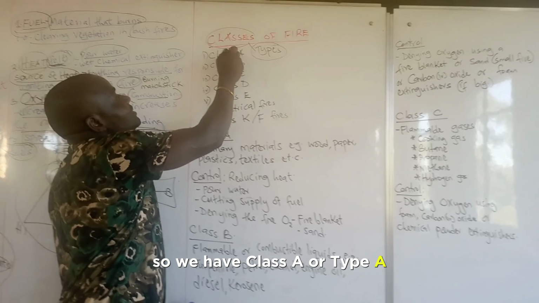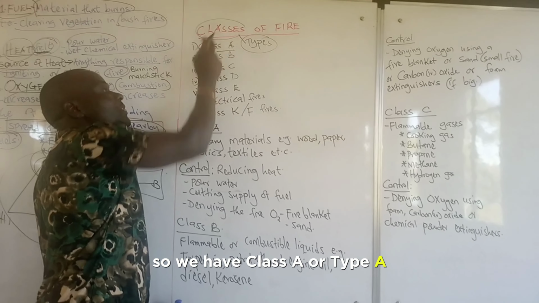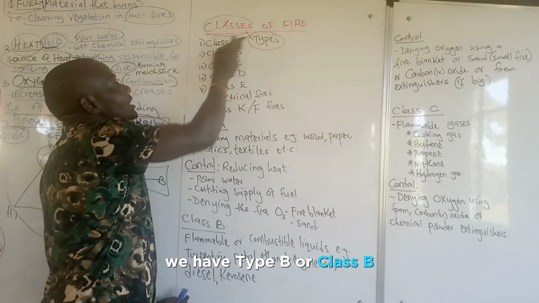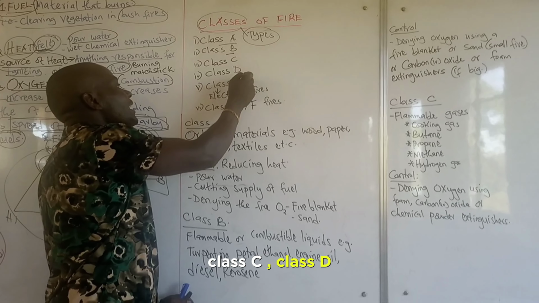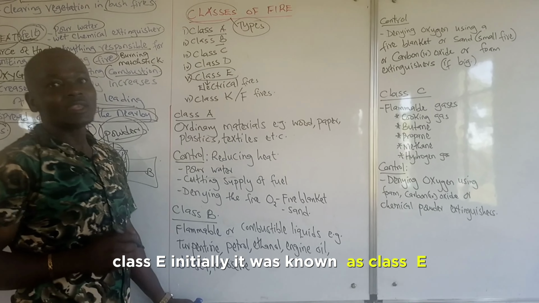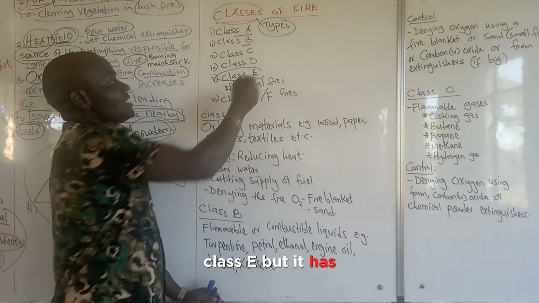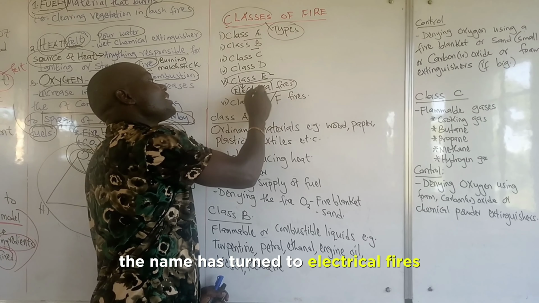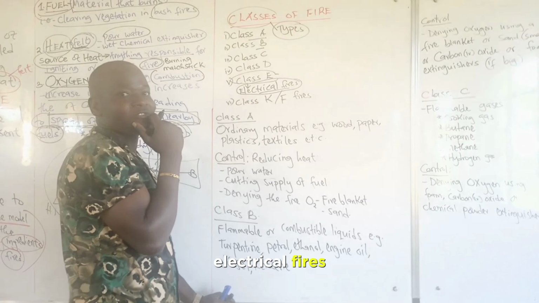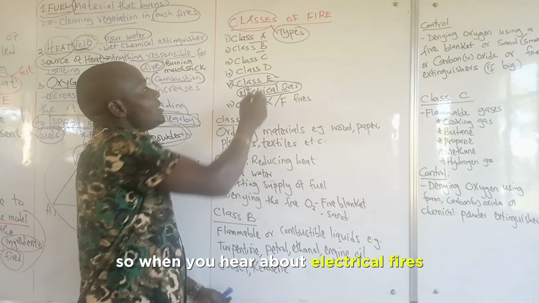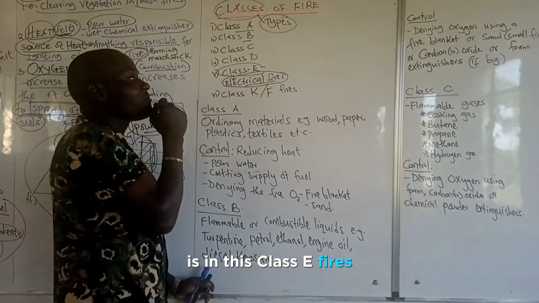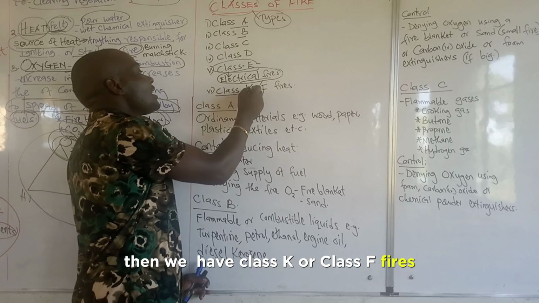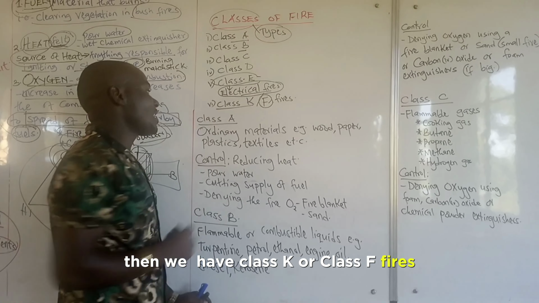So we have class A, class B, class C, class D, class E. Initially it was known as class E, but the name has changed to electrical fires. So when you hear about electrical fires, it is in this class E. Then you have class K or class F fires.